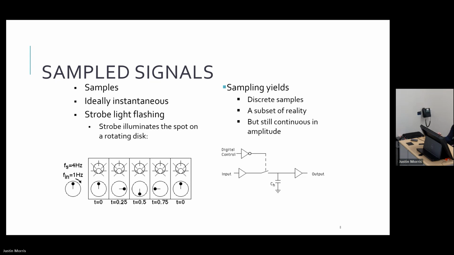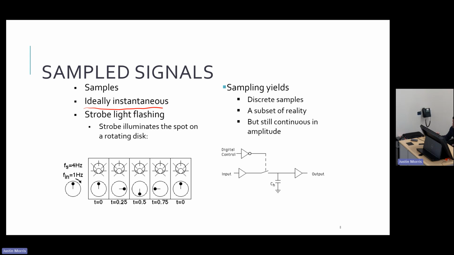Ideally, our samples are instantaneous, as fast as possible, so that we can capture that input at that time interval. If we can make it faster, then maybe we can sample more frequently, and if we sample more frequently, we get a higher quality approximation of the signal.